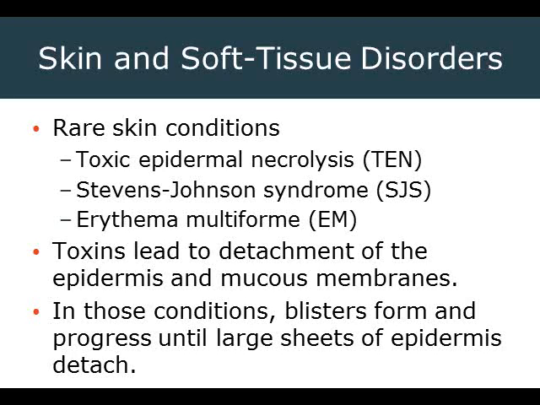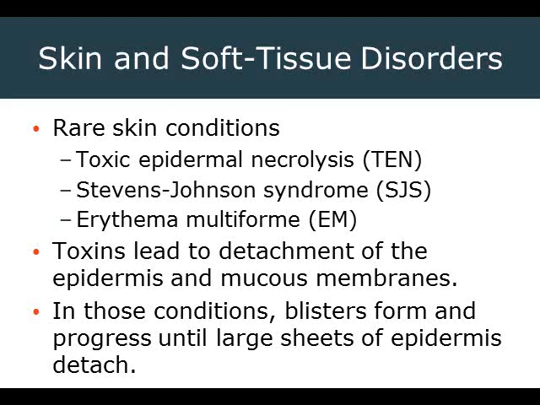So they generally cause fairly significant blisters to form, and then can become basically large sheets of epidermis that are sloughing off. Think about if you've ever seen somebody who's had a very severe burn and how skin just sloughs right off. It can look very similar to that.